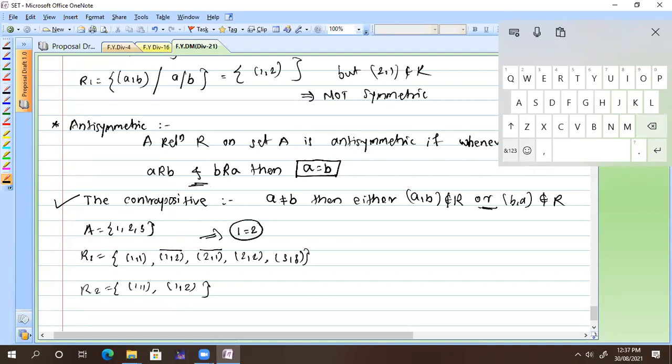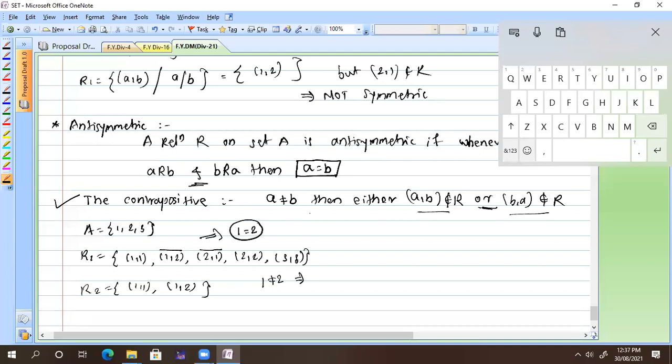What they are saying: if A is not equal to B, does 1 is not equal to 2 hold? Yes or no? Yes, sir. Then this implies either this is true or this should be true. Whether any one of them is true.